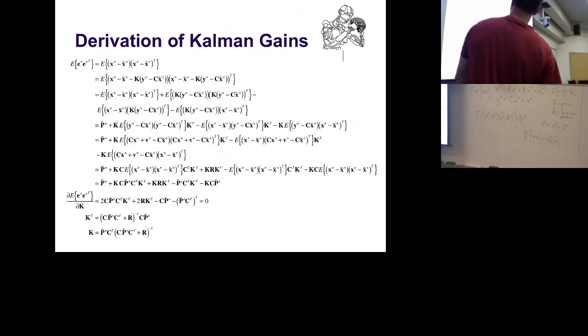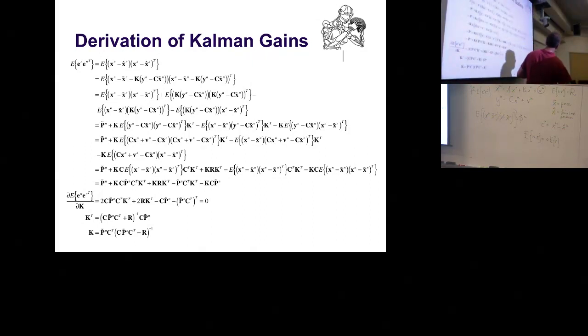What else happens? yn minus Cx, and I have to check. So we have KK here. What is being done here? We now replace our yn, which we know from the model. So this is this guy here.